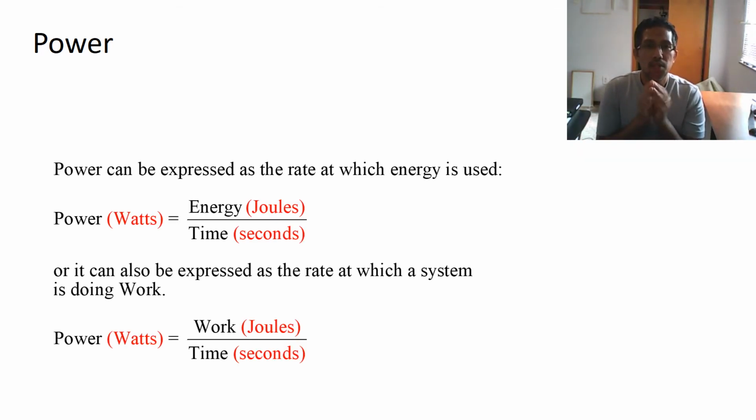So if energy or work is measured in joules and the time during which the energy is expended is measured in seconds, then the power extracted from the system is expressed in units of watts. For example, if you extracted 1 joule of energy or work from a system every 1 second, then you are extracting power at the rate of 1 watt.